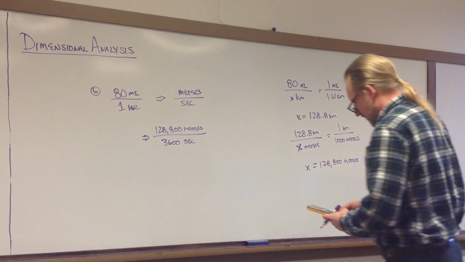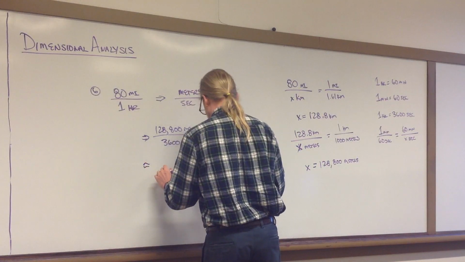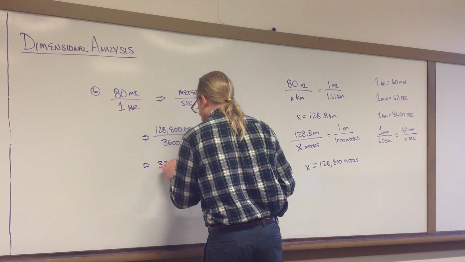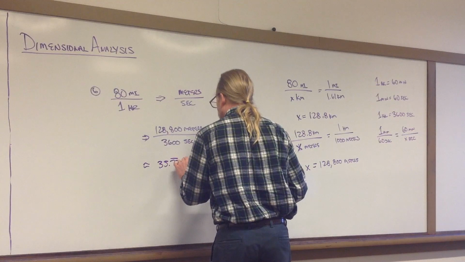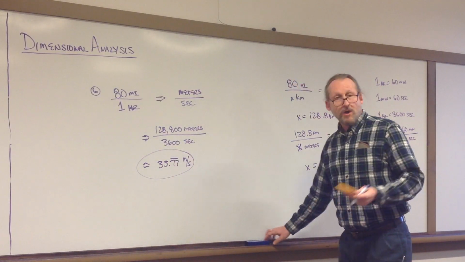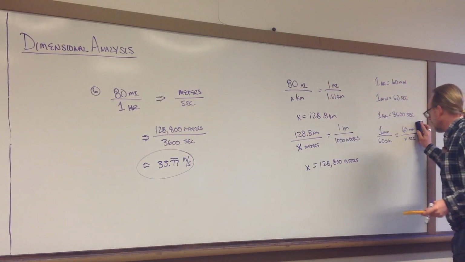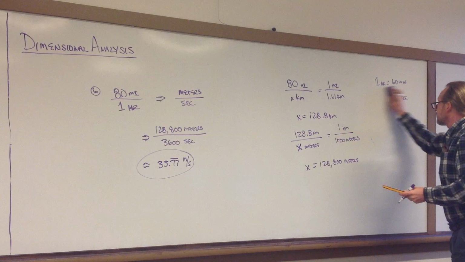And now do that dividing. 128,800 divided by 3,600. And so our answer here is going to be 35.77 meters per second. Okay, now this one is a good one to look at the dimensional analysis approach.